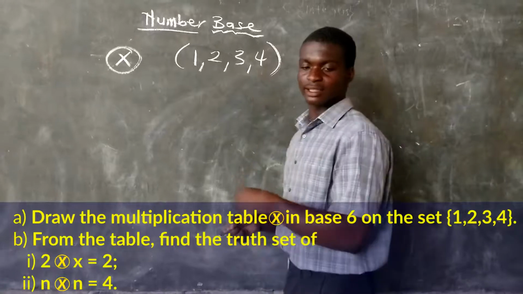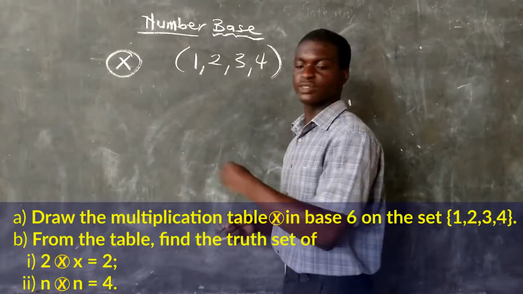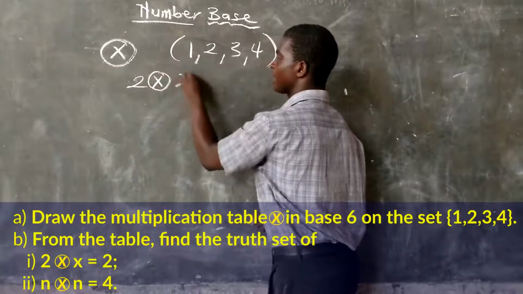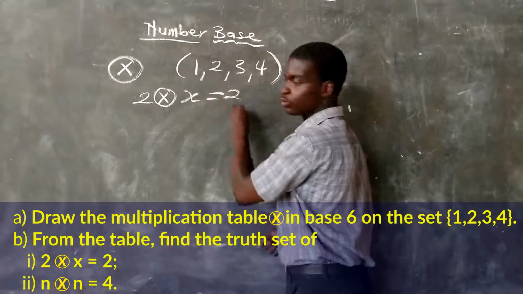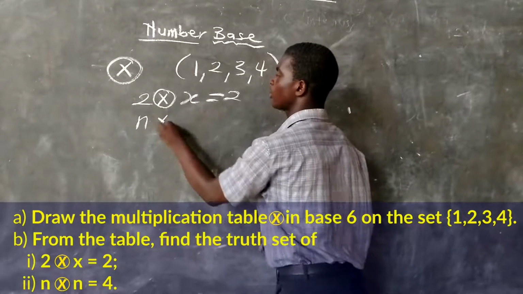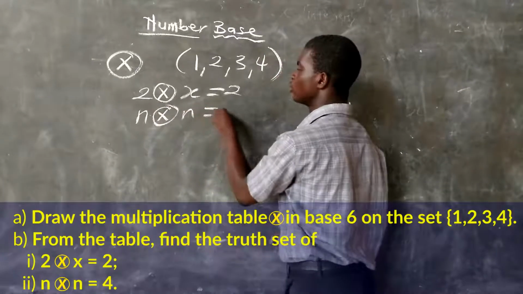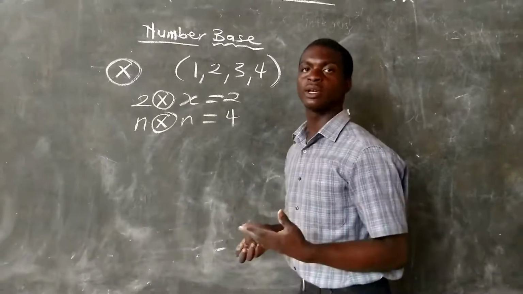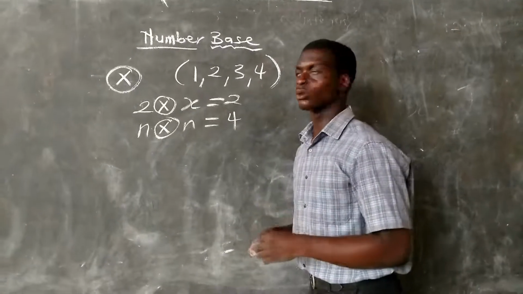And it says that from the table we should find the truth set of 2 ⊗ x equal to 2 and n ⊗ n equal to 4. And so we go into drawing of the table. We have ⊗ over here, 1, 2, 3, and 4, and 1, 2, 3, and 4. And with that, we make our table.